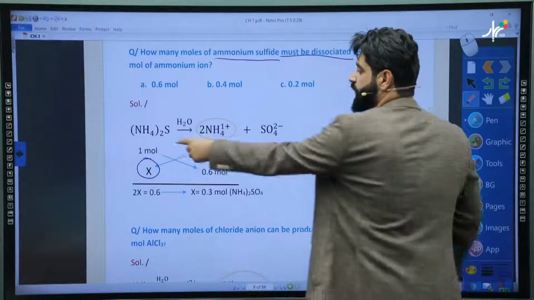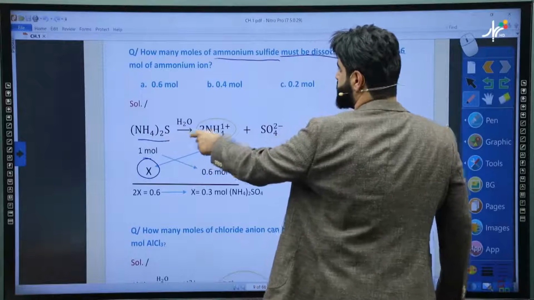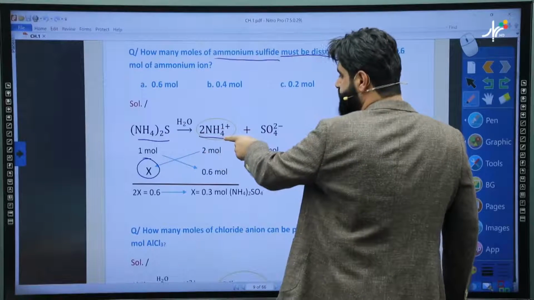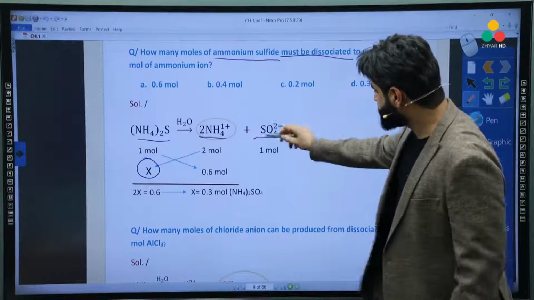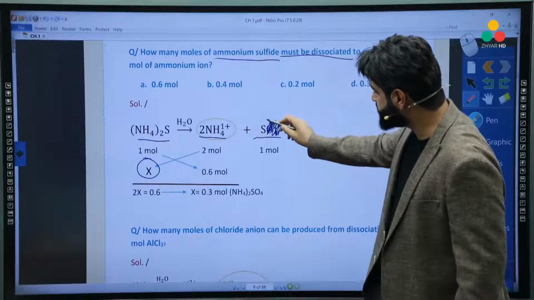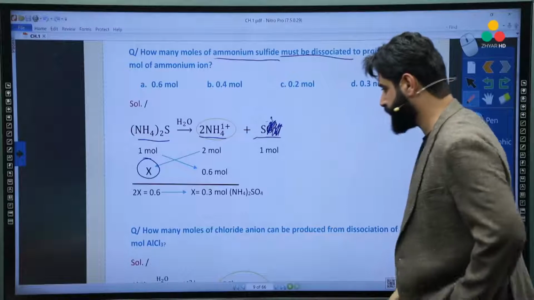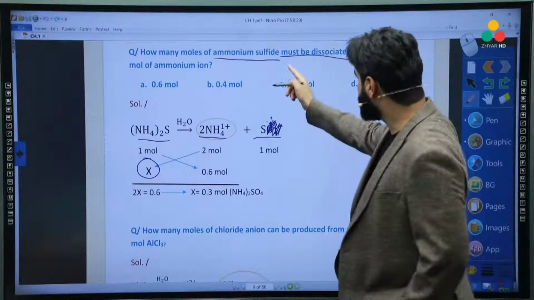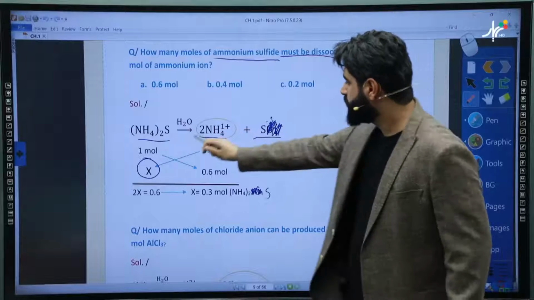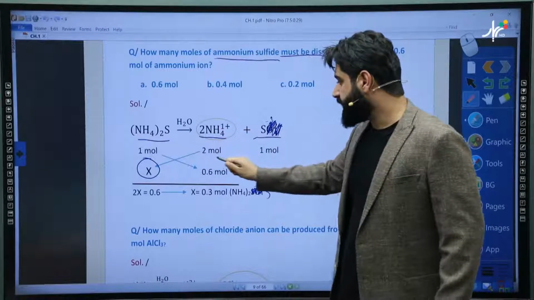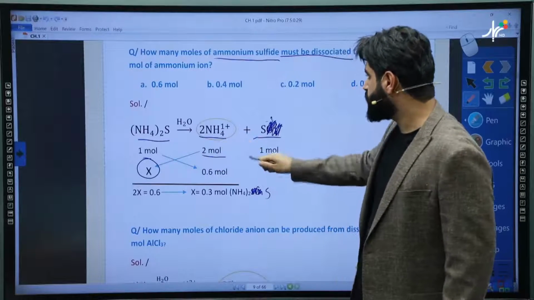1 mole. Look, ammonium sulfide results in 2 moles of ammonium cation and 1 mole of S negative 2. Good. For 1 mole, we will get 2 moles of ammonium and 1 mole of sulfide.